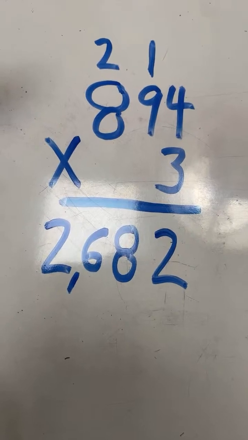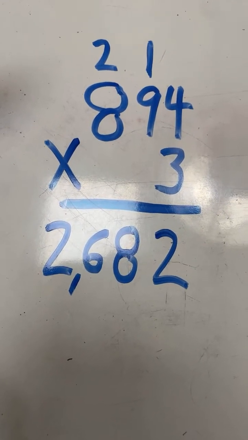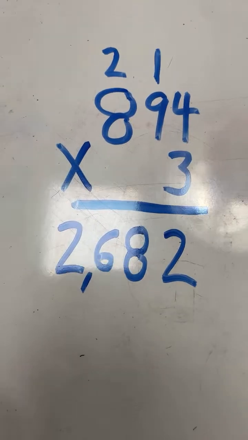And we have our final answer. 894 times 3 equals 2,682.